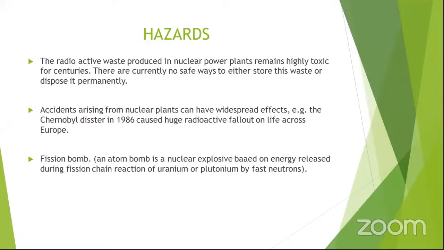Another danger is the fission bomb, the atom bomb or nuclear bomb. If some irresponsible nations acquire nuclear technology, the possibility is that they will make nuclear bombs and use them against other nations. That is a problem.